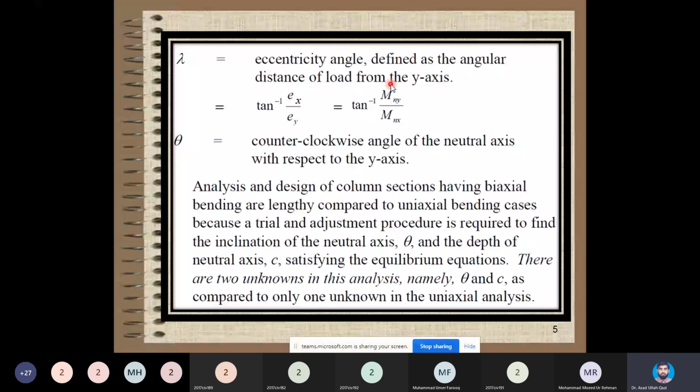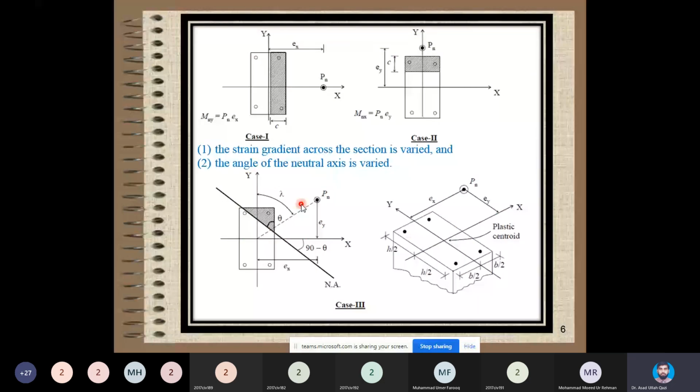What is theta? The counterclockwise angle of the neutral axis with respect to the y-axis. So from this y-axis, you can say this is the neutral axis.